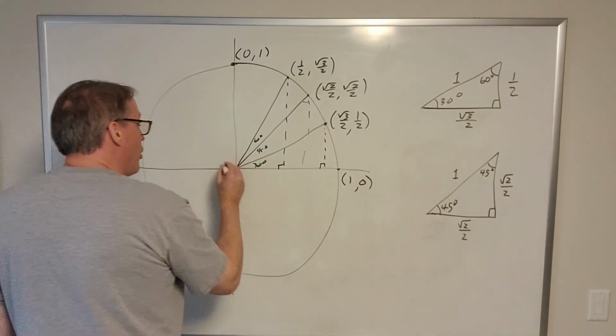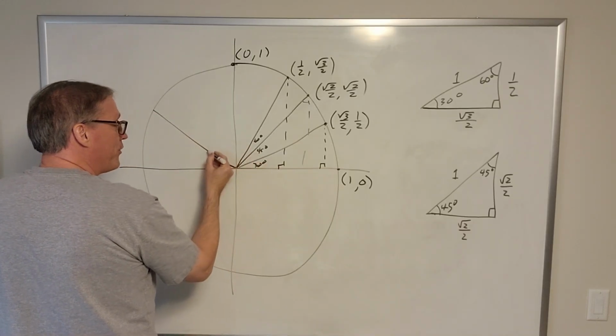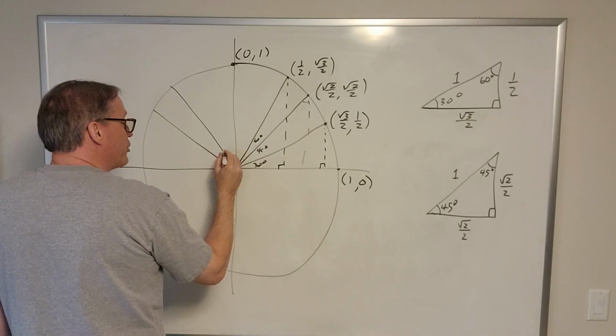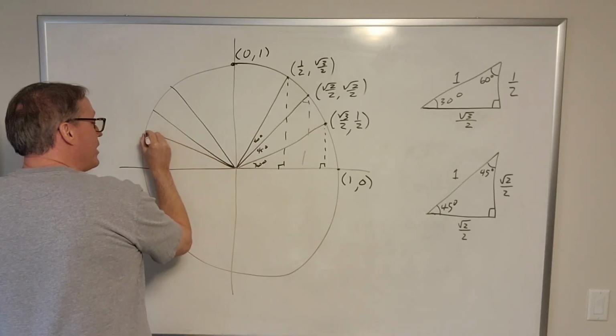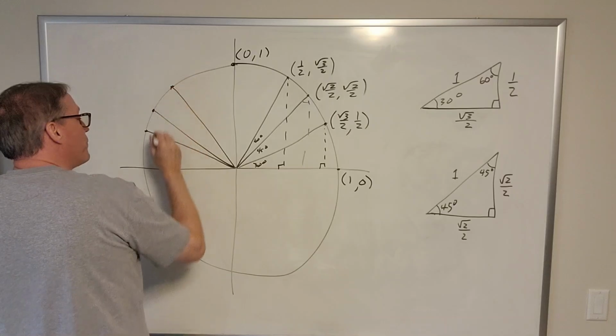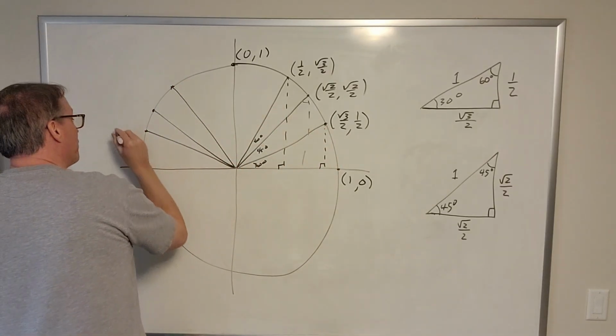But the rest of these all around, if we go this way, so we go 90 plus 45, 135 degrees. If we go 90 plus 30, so that's 120 degrees. If we go 90 plus 60, that's 150 degrees. These points over here are just mirror images of these points with the x being negative.